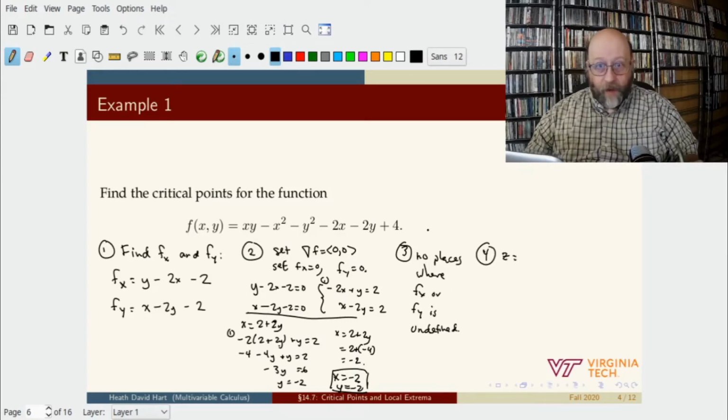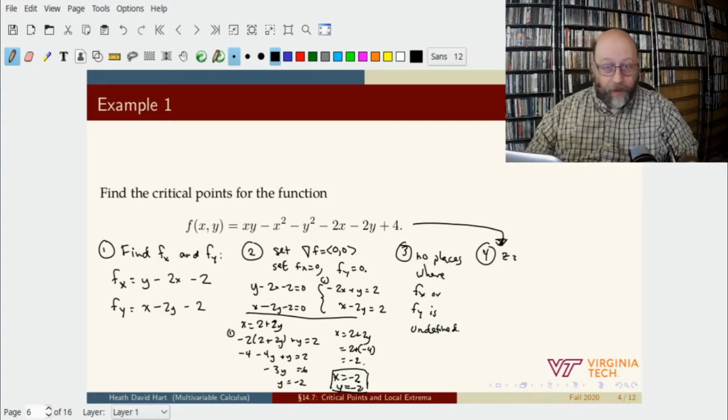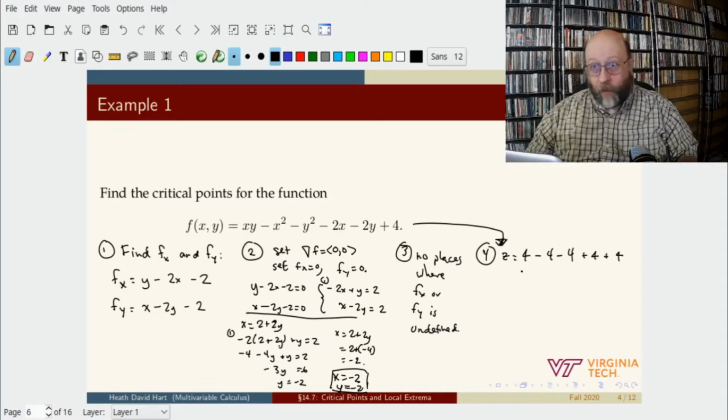Z, we go back to the original function now, and we get z is equal to negative 2 times negative 2 is positive 4, minus negative 2 squared, minus negative 2 squared again, minus 2 times negative 2, that's plus 4, plus 4, plus 4.